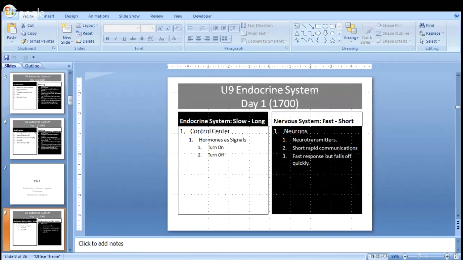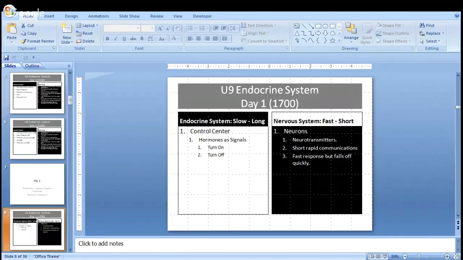Okay, so underneath that, we get into the term tropic. What does the word tropic hormones mean? Those are hormones that will trigger other hormones, right? Yeah, those hormones trigger the release of another hormone.